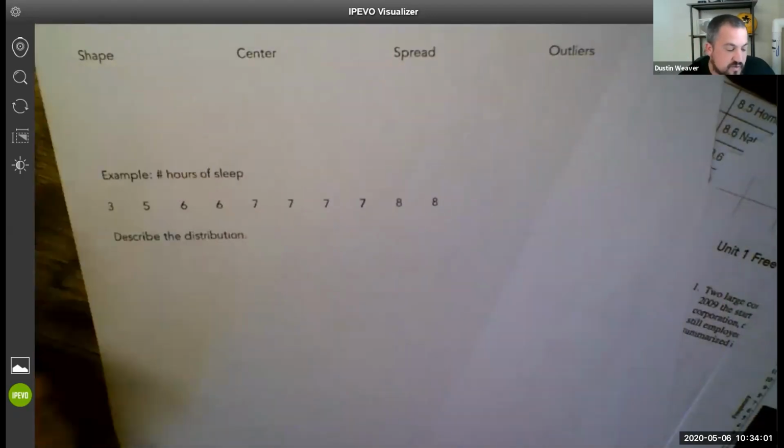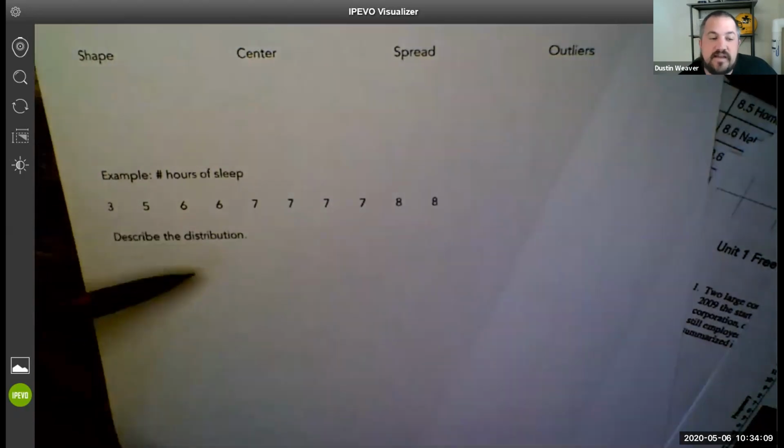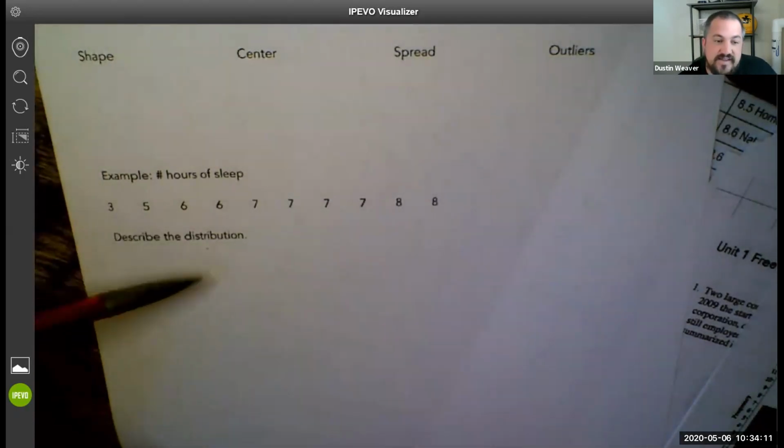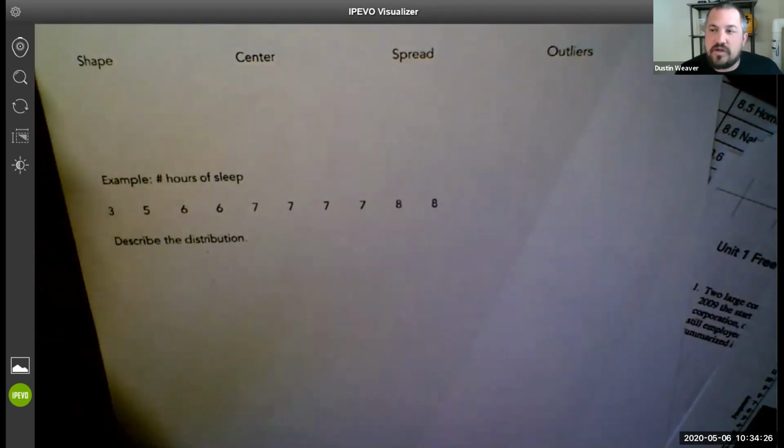I will tell you there's 2 ways of getting a question like this completely right. You could write it in sentence form and go through all these things, but you could also do what he did and just say SOCS, shape, outlier, center, spread, and make a bulleted list. The AP exam readers don't care whether you're writing in complete sentences with proper notation and grammar, or just bulleting and going through each part of the distribution.